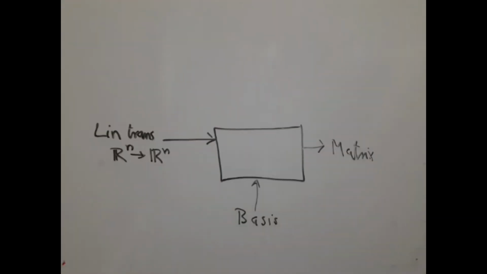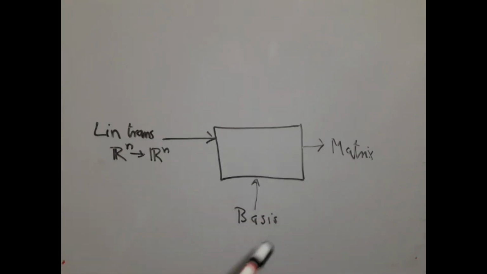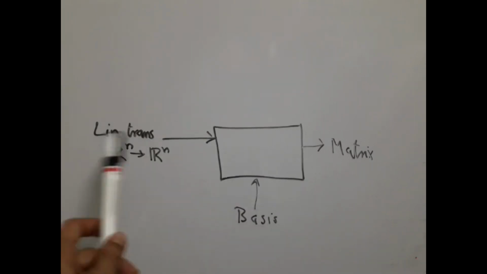Let's take a look at our fundamental diagram that we have seen earlier in another video also. So I have this idea that whenever I am given a linear transformation from Rn to Rn, I can represent it as a matrix. Now this matrix depends not just on the linear transformation but also on a chosen basis. So you have to choose a basis of Rn.